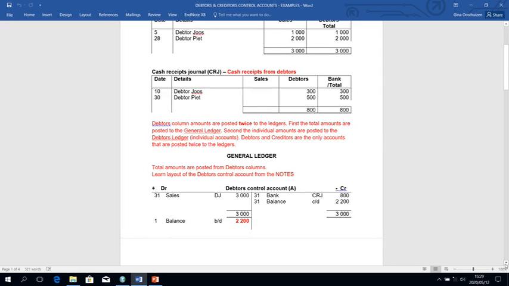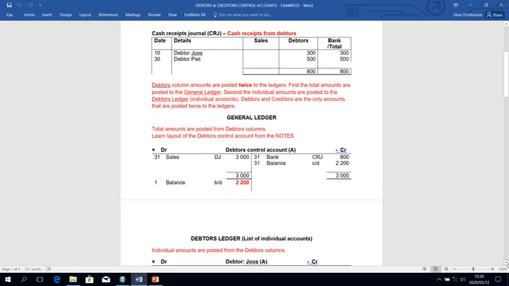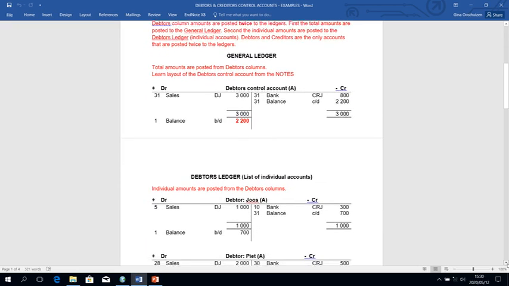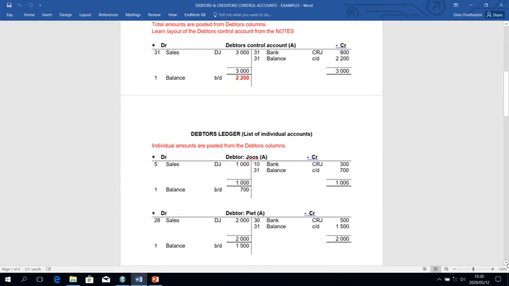Also, our debtors and creditors need to be posted twice: first in the control account, which is the total account, as well as every single individual account. The individual accounts are recorded in the debtors ledger, that's what we call it, where we record the list of the individual accounts.